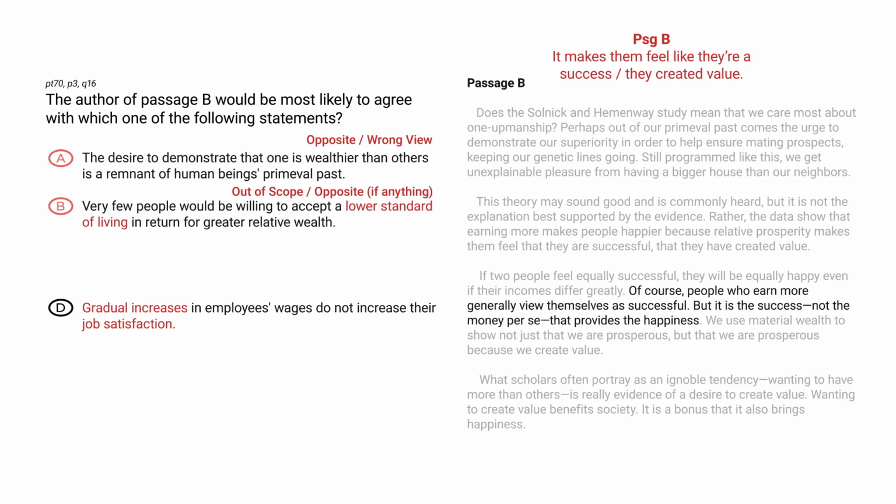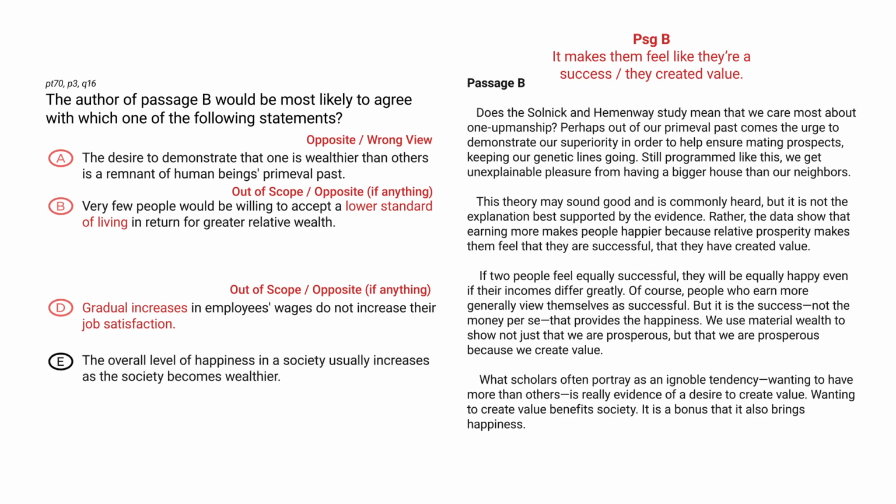If anything, it feels like it kind of goes against the passage, which is saying that as you earn more, you generally view yourself as successful, which makes you think you created value, which makes you happy. Finally, E is making a big old broad claim that, like, usually, as society becomes wealthier, happiness goes up. Well, the problem is the entire idea of Passage B is that your happiness comes from relative prosperity.